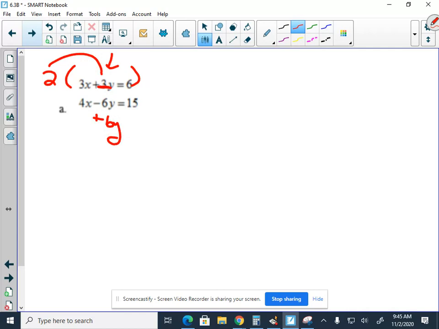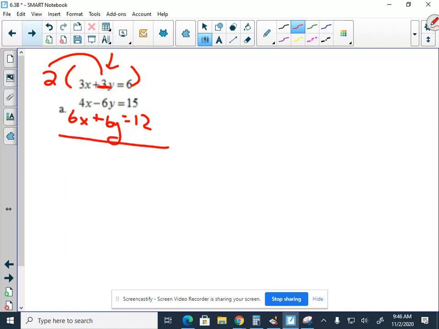So you have to pick something that will make it work. Well, 2 times 3x is 6x. 2 times 6 is 12. You still have to multiply all of them by 2.